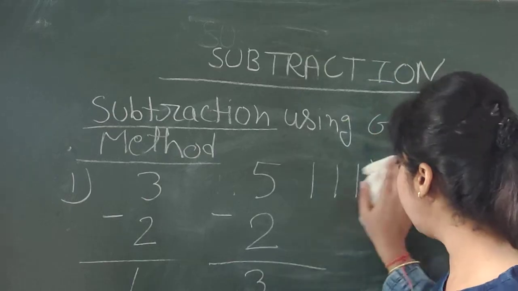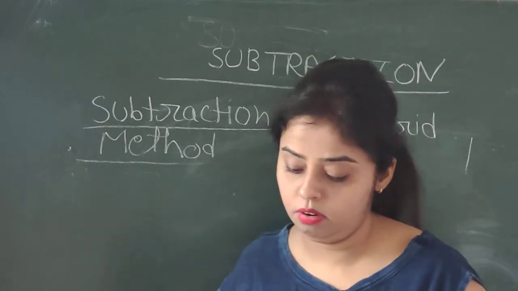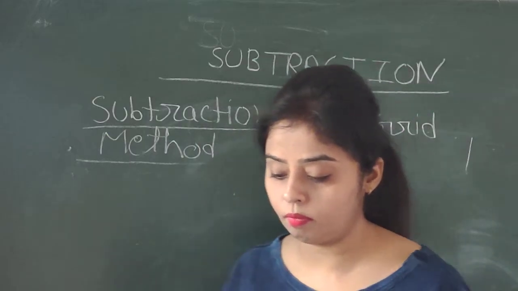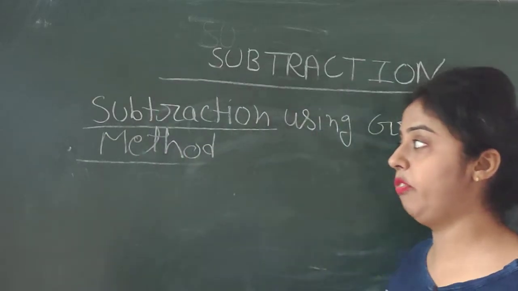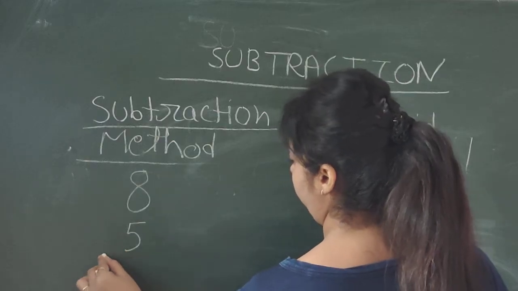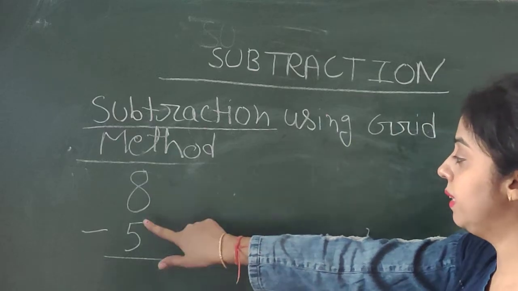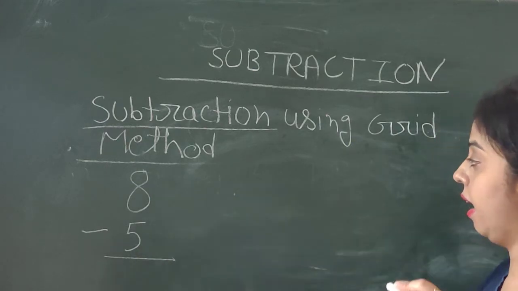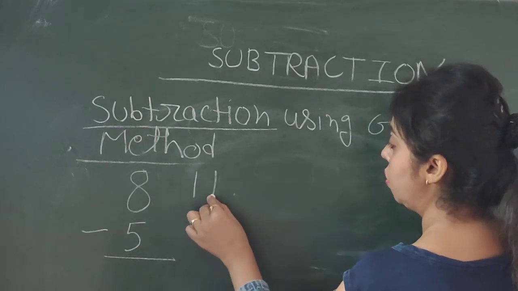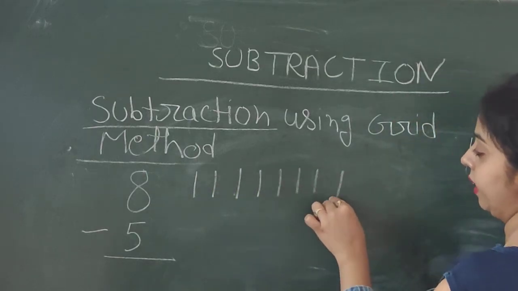Let's take another example. Eight subtract 5. 8 में से 5 लेस करना है, तो 1, 2, 3, 4, 5, 6, 7 and 8.